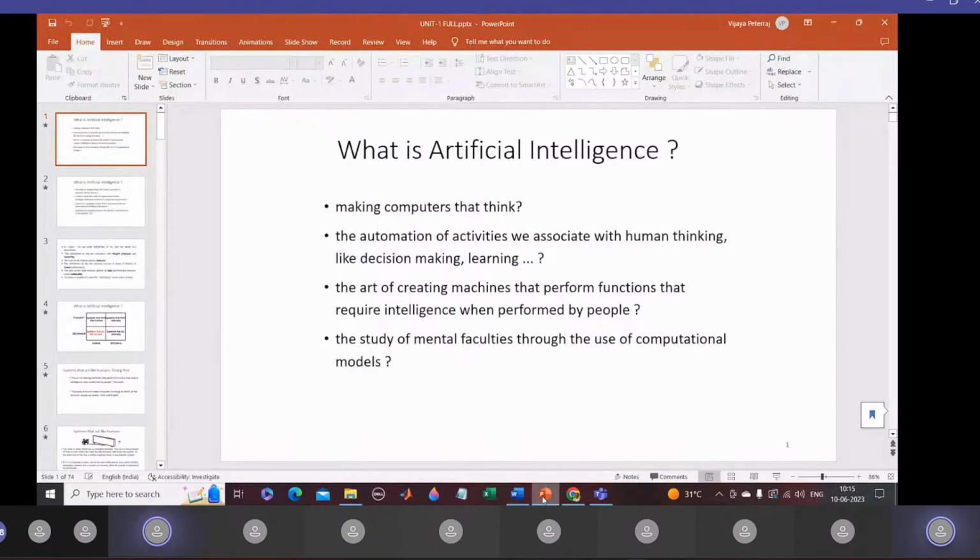So what is artificial? Man-made things, which is not real, right? But as a human being, we can think it is natural, it is not artificial. But when you make the machines act by giving some intelligence, then it is artificial.